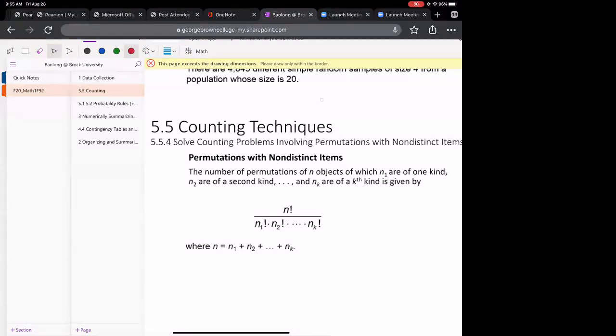For example, in a basket I have red apples, yellow apples, and green apples, so 3 different kinds. If I have 4 red apples, 5 yellow apples, and 6 green apples, then n1 equals 4, n2 equals 5, n3 equals 6, representing the number of apples of each color.